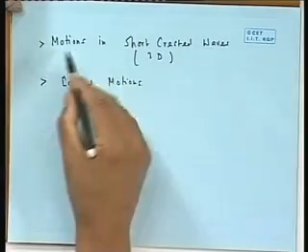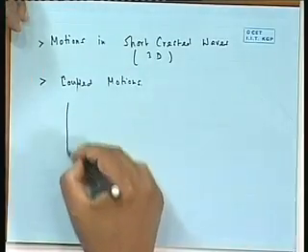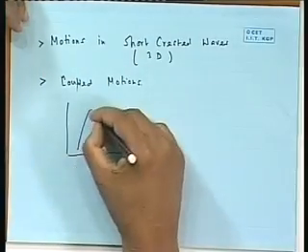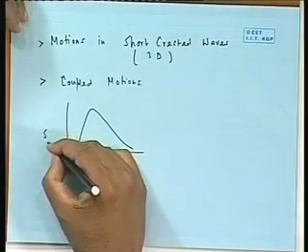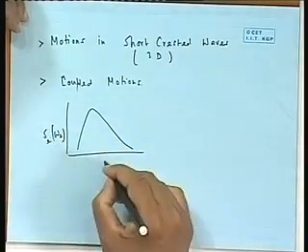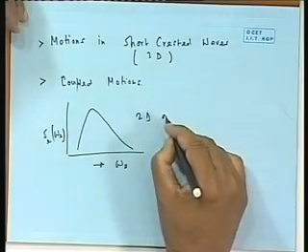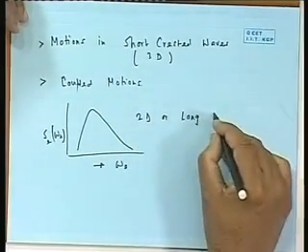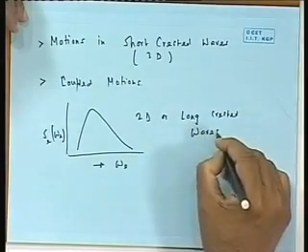See, the reason I want to talk about motion in short crested waves is that so far what we talked about earlier was motion in what is called 2D or long crested waves.